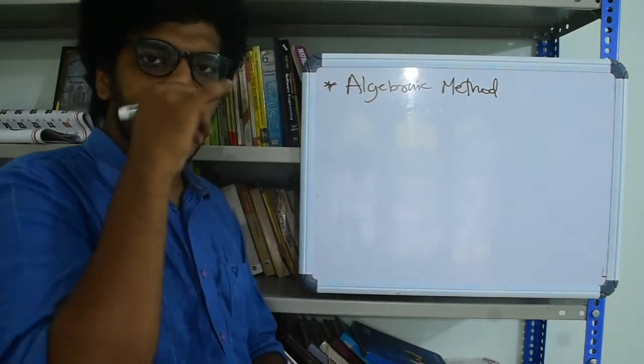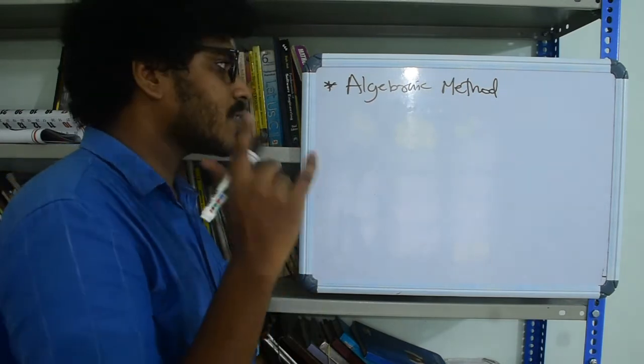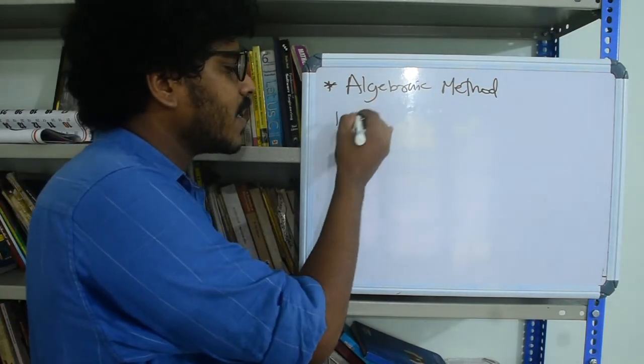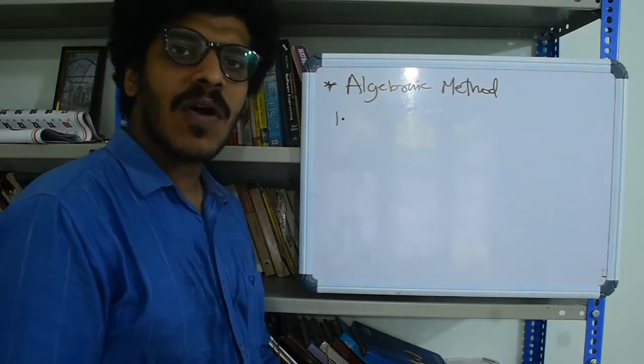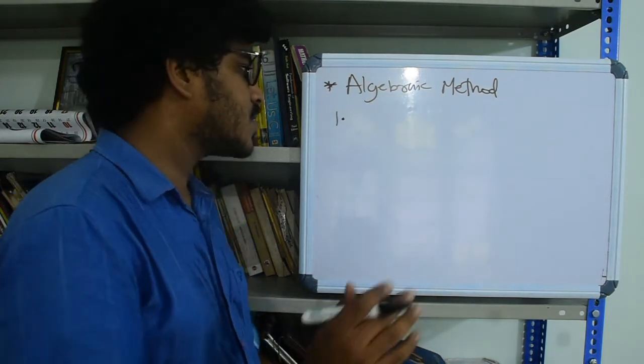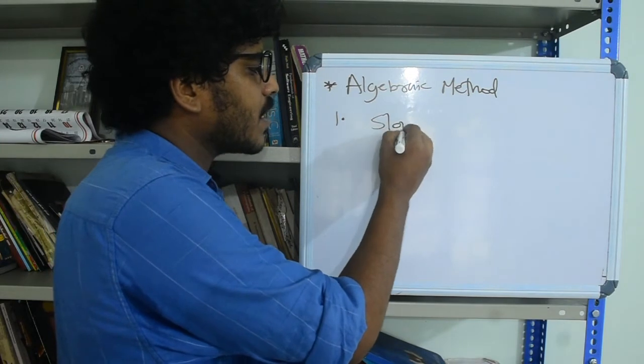The algebraic method consists of three steps. One is to convert all the given equations to slope-intercept form.